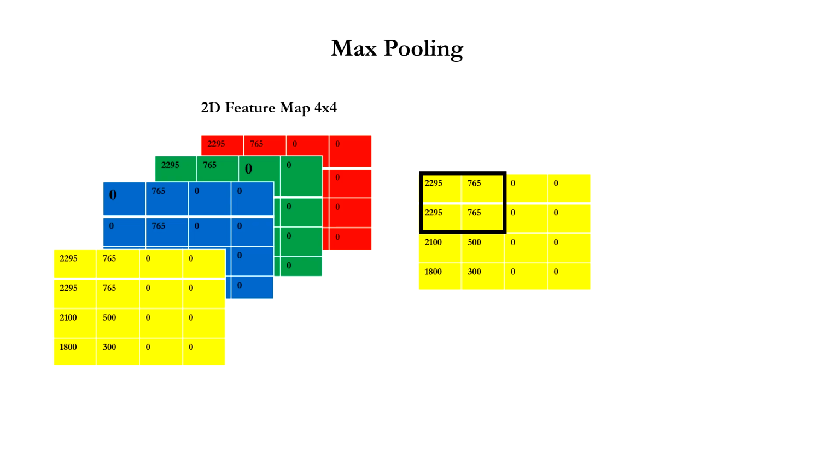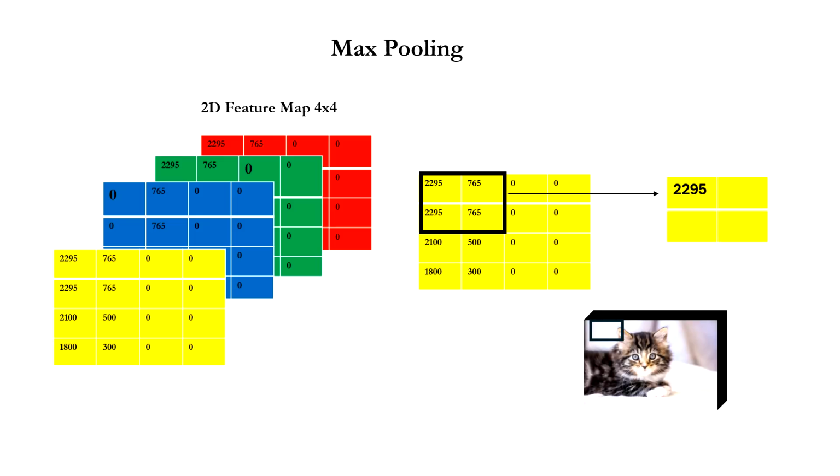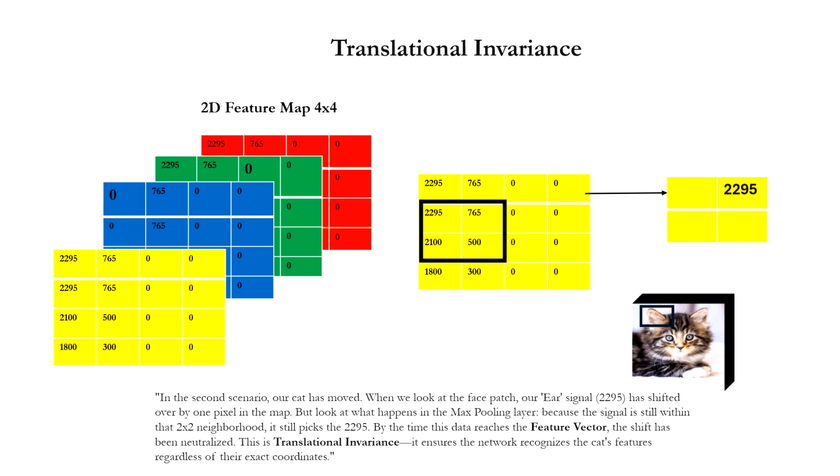Now let's discuss max pooling. We see that in that upper left quadrant, that 2295 is the maximum value. In the second scenario, our cat has moved. When we look at the face patch, our ear signal 2295 has shifted over by 1 pixel in the map.